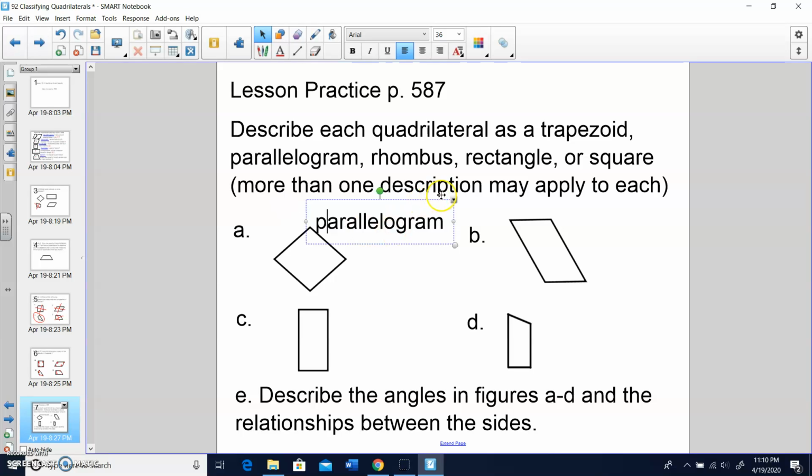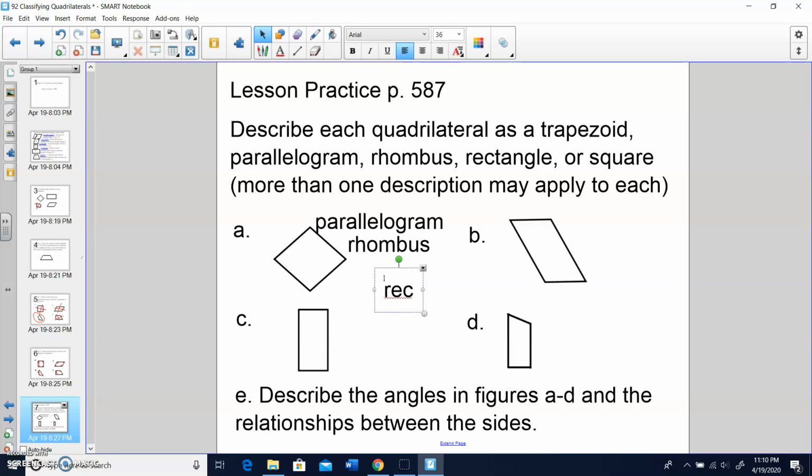Okay, is it a rhombus? If we look back at the definition of a rhombus, that is a parallelogram that has sides equal in length. So it is a parallelogram. Are the sides all equal in length? Yes, it looks like they are. So we would call this a rhombus. Okay, is it a rectangle that has 4 right angles?